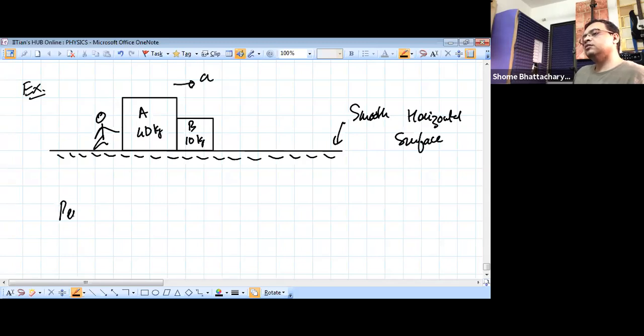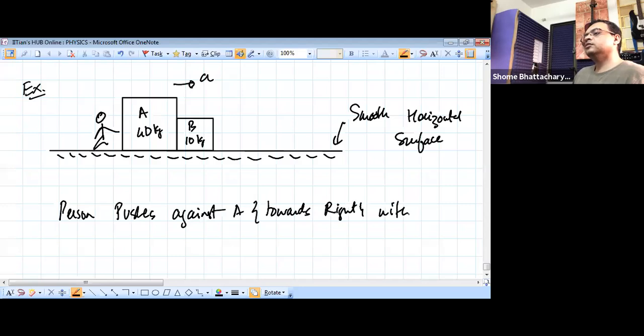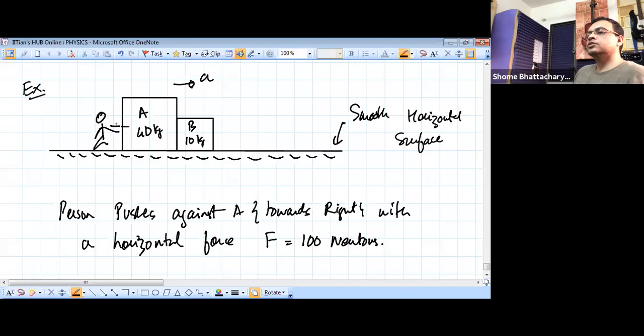So the person pushes against E towards the right-hand side with a horizontal force of 100 newtons. So he's pushing in this direction with a horizontal force of 100 newtons.